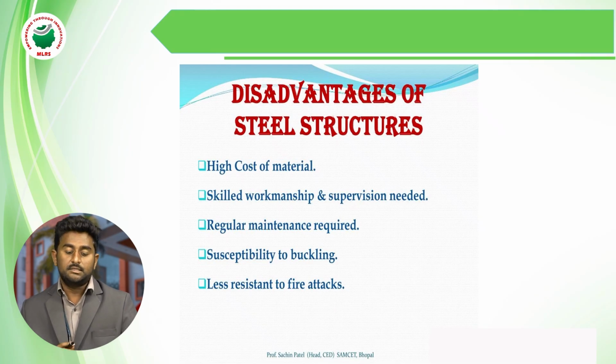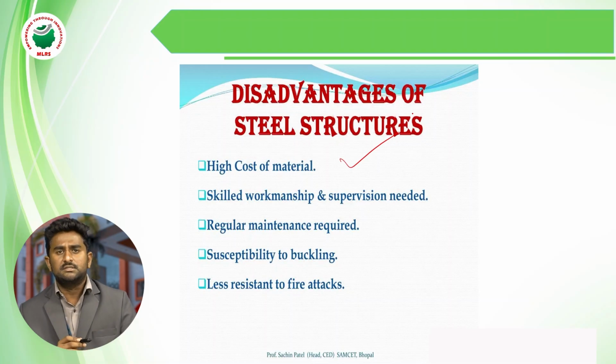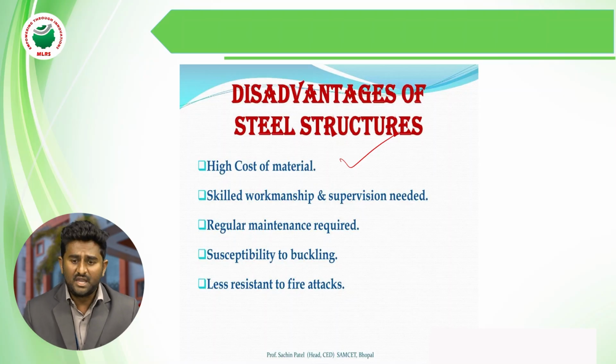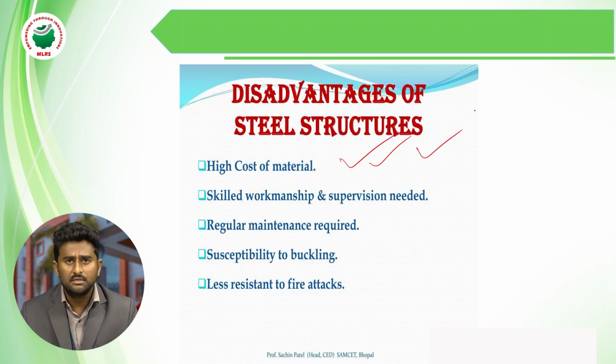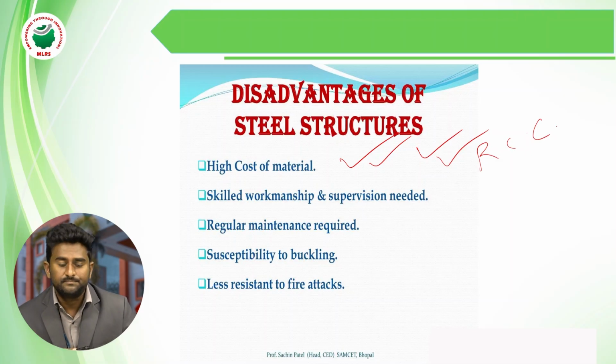Disadvantages of steel structures: it can cost more compared to RCC structures. For example, in RCC structures, which materials are used? Cement, sand, steel, aggregates. In steel structures, you use steel completely, so it can cost more compared to RCC structures. Skilled workmanship is required for the construction of steel structures.